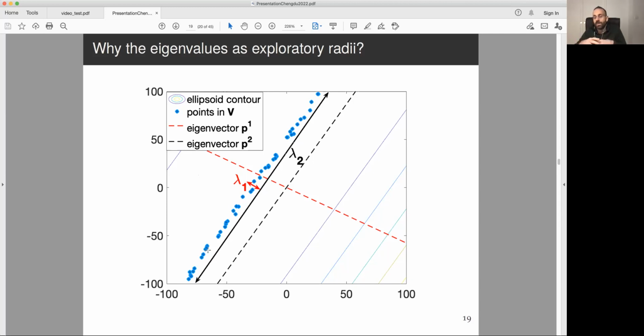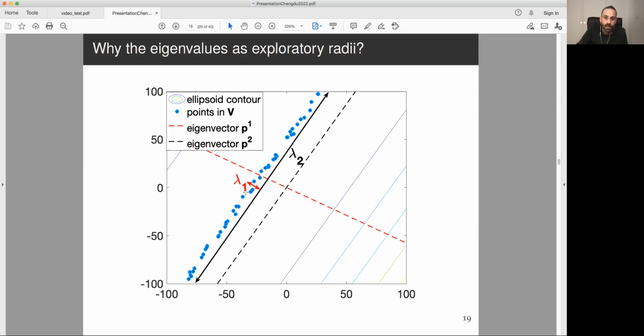Each point in 2 dimensions can be represented as a blue dot on a plane. And these lines, this dashed black line and this dashed red line, are the eigenvectors, or better, the directions of 2 eigenvectors.